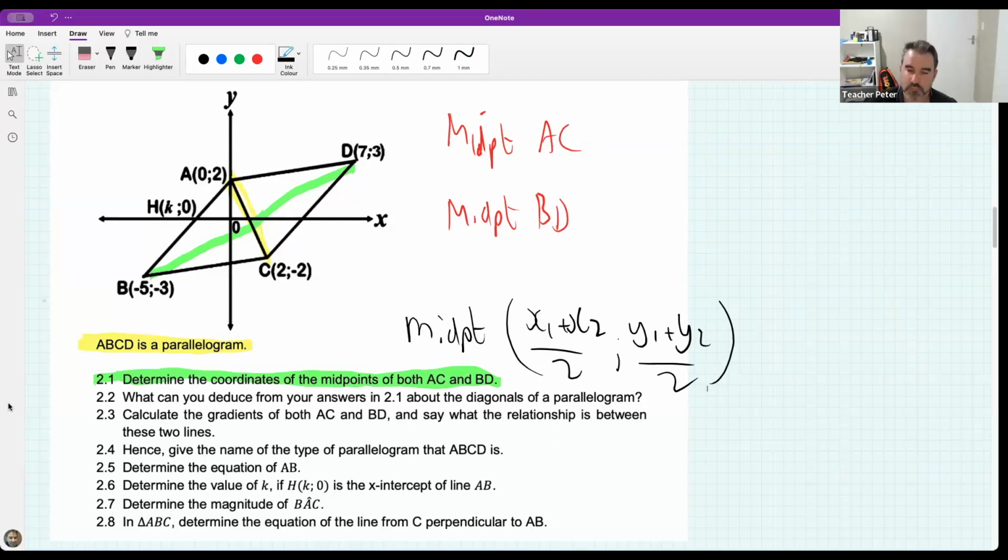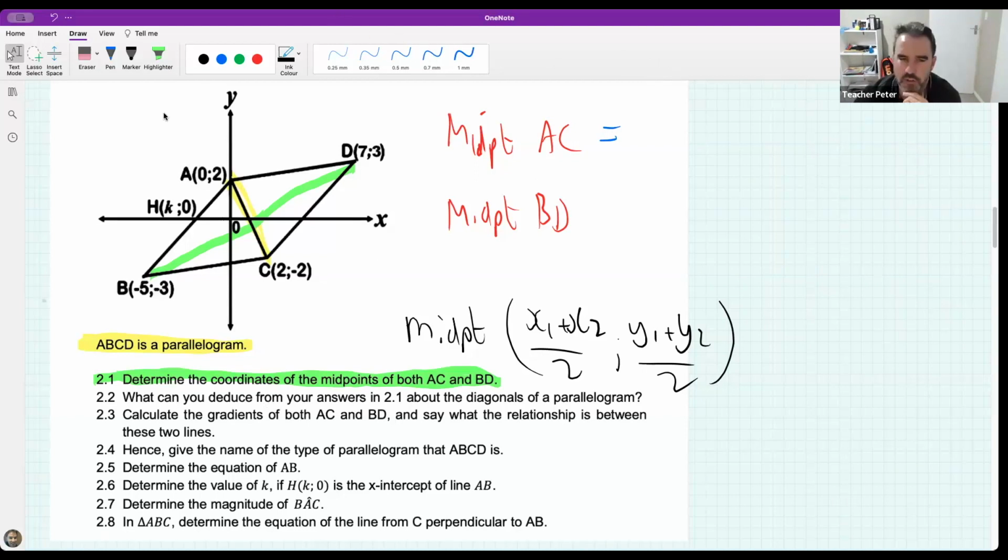What do you guys get for your midpoints? Do we notice anything interesting about these midpoints?